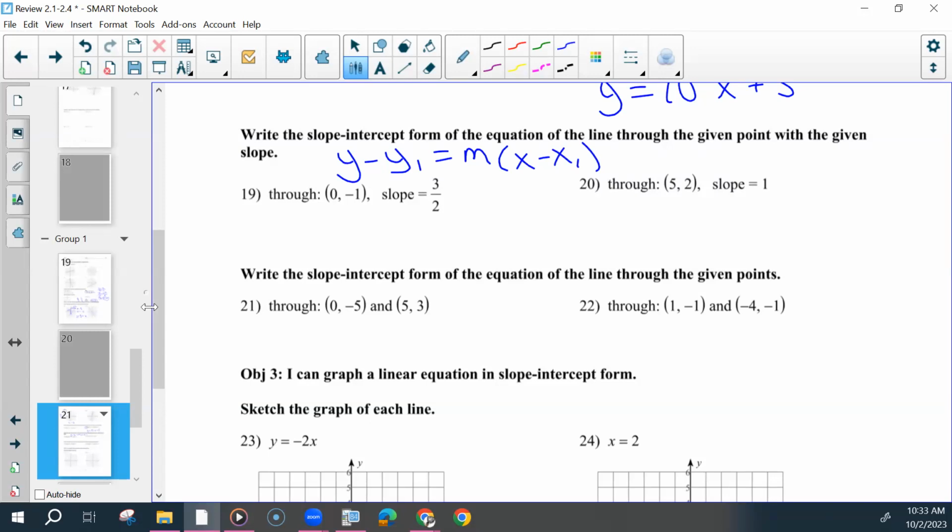So if you don't remember it, please go look and see what that formula is. Okay, you have a point, that's your x1, y1, your slope is your m. Then we're gonna put all of those in. The y and the x stay just y and x. So y minus, we have a -1 equals our slope 3/2, parentheses, the x is x minus 0.